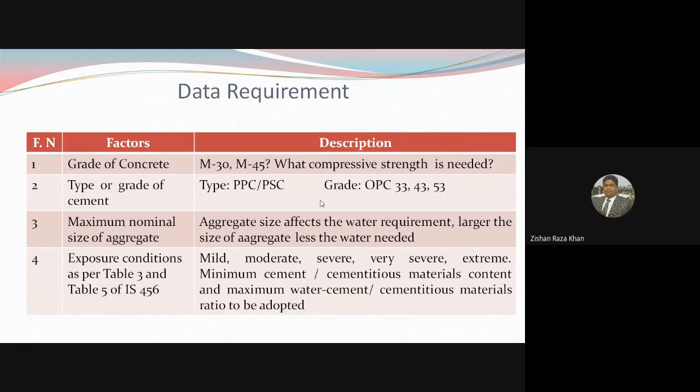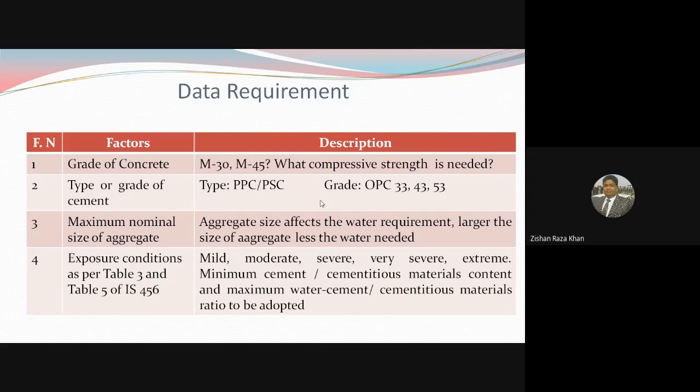Portland slag cement is particularly useful in places where a high amount of sulfate is present in the soil, so it is particularly useful for sodic lands, etc. But if such things are not there, generally PPC is good enough. Another type of cement is OPC, ordinary Portland cement, but nowadays it is less in use because of its comparatively higher cost and lower positive features. PPC displays a lot of positive features as compared to OPC.